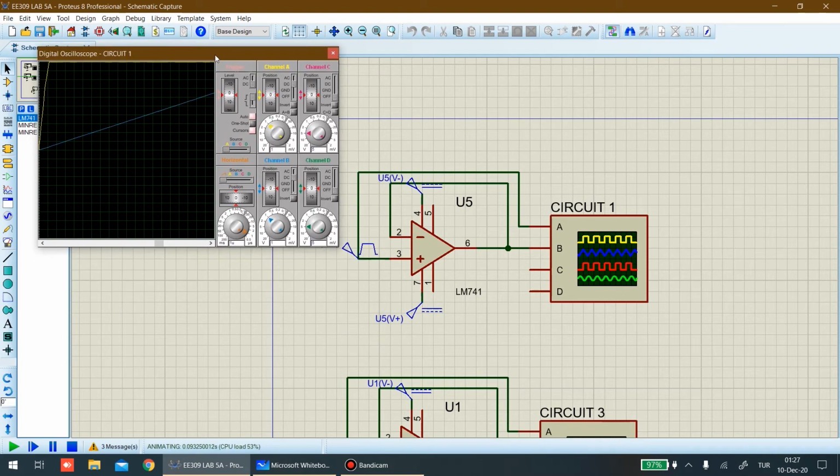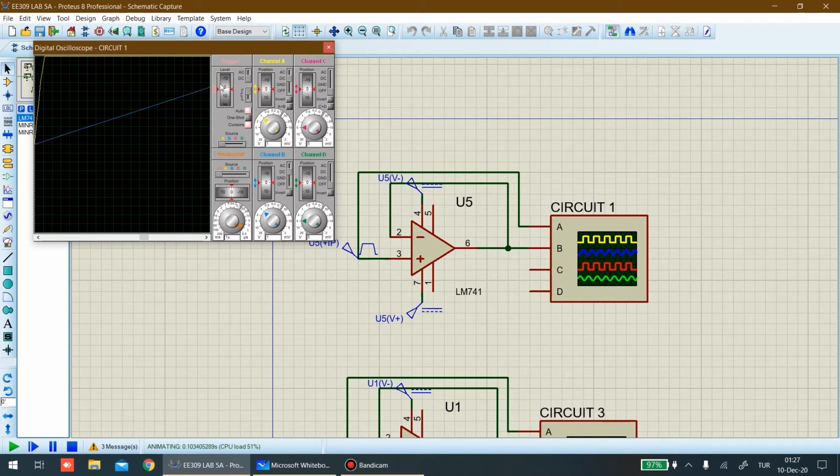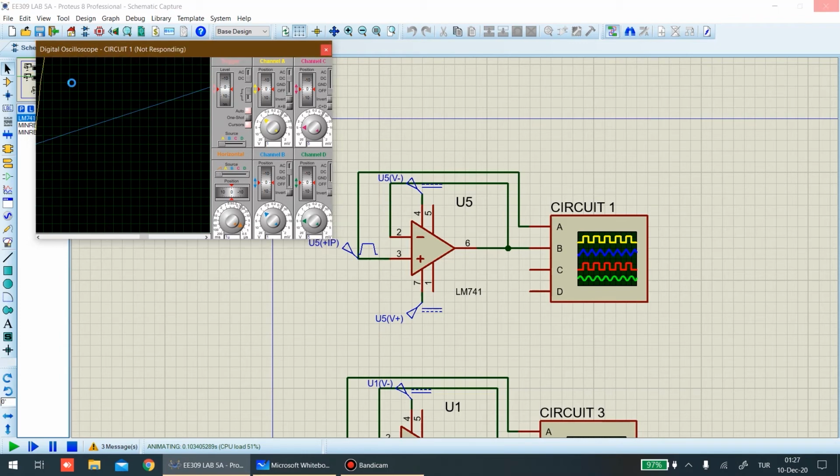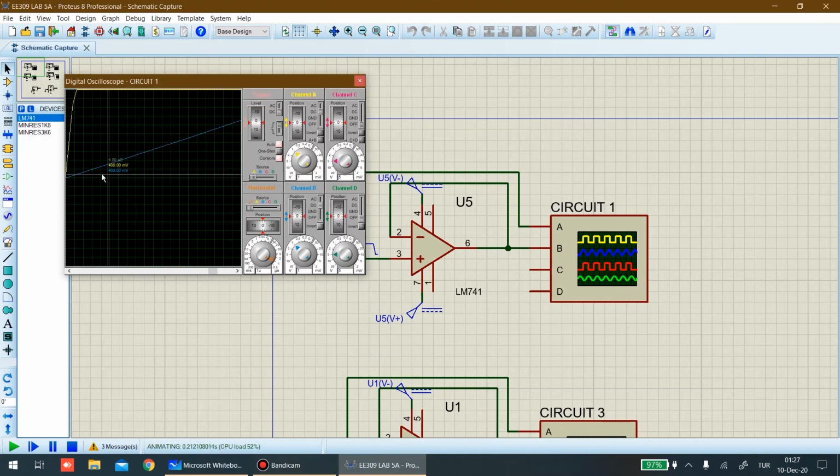As you can see, the yellow shows the input and the blue one shows the output. Volt div for yellow and blue is 1.